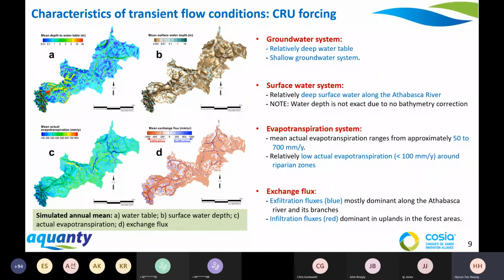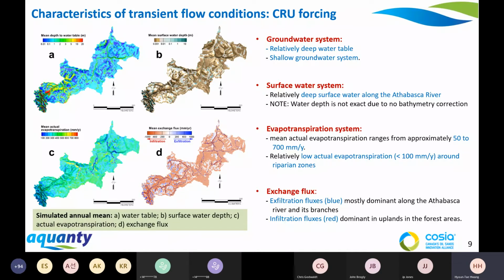The groundwater system upper left shows some areas actually have a shallower groundwater table because of the lower elevation and also peat properties. And top right shows a spatial distribution of water bodies, and that matched very well with the real water body condition. However, we haven't corrected the bathymetries of lakes, so water depth is slightly different from the real condition.